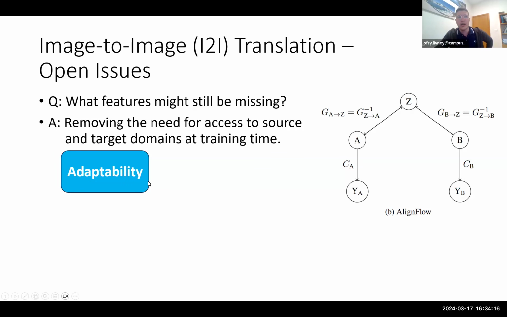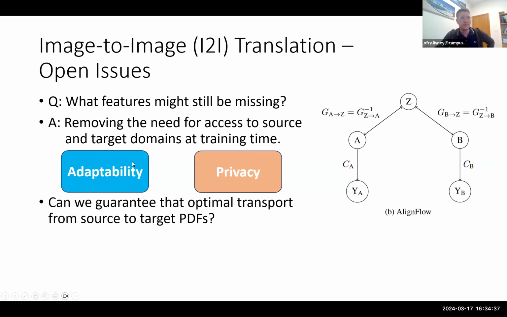So it would be more adaptable if we can do without this connection between a source and target domain during training time. And in addition, if we could remove this dependency, this would also be good for privacy-sensitive domains, such as the medical field, in which we can't actually share between source and target domain, not the data or maybe models.